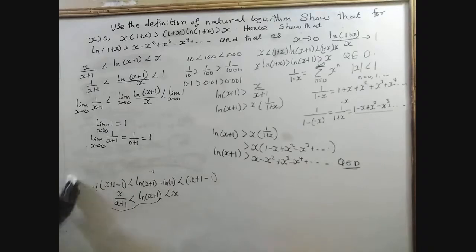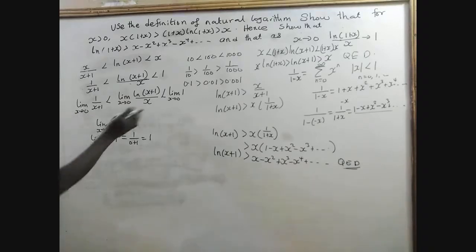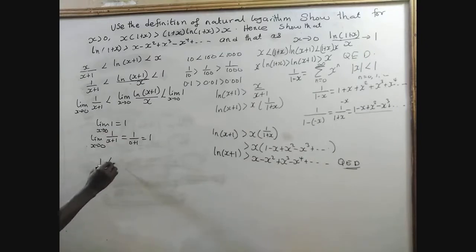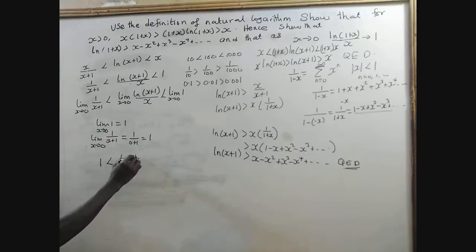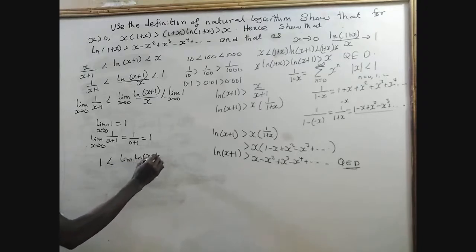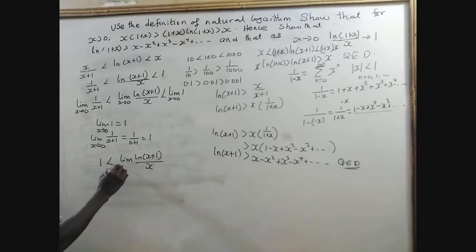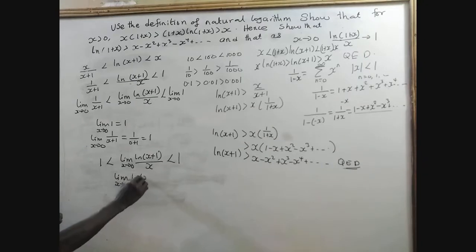It means that we are squeezing this one, 1 less than the limit of natural log of x plus 1 divided by x as x approaches 0. So this clearly shows that the limit as x approaches 0 of natural log of x plus 1 divided by x is also equal to 1.